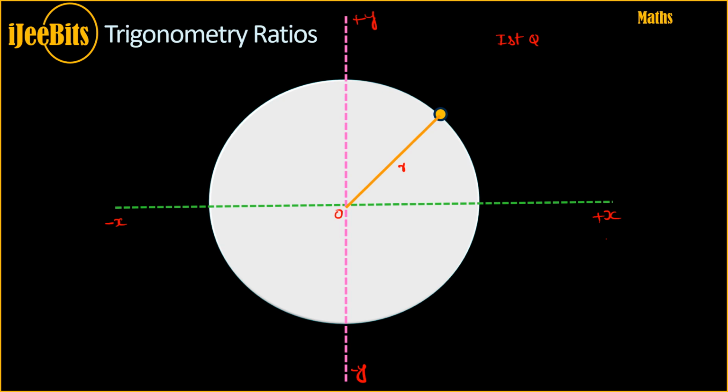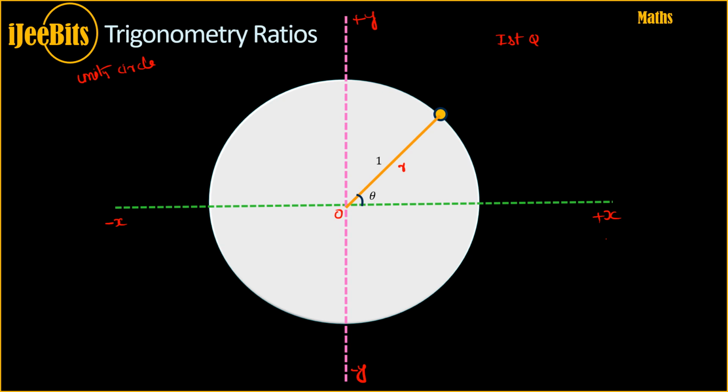And that radius is 1 unit in length. This means this entire circle is a unit circle. Unit circle means the length of the radius is equal to 1. Good.